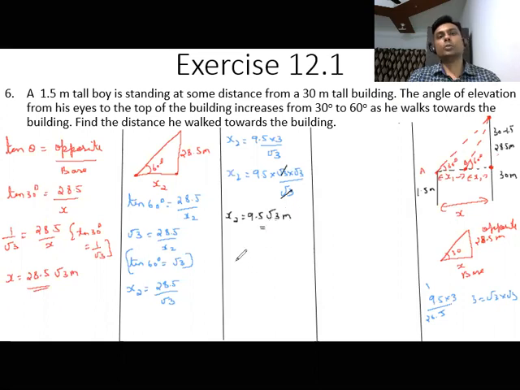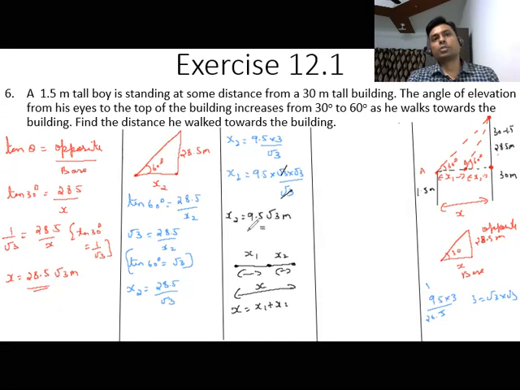This is my x2, which means initial distance x I have, final distance x2 I have. How much did the boy walk? x1. So from this diagram you understand x is x1 plus x2, correct? This plus this is the total distance x. Now x I have is 28.5 root 3, x2 is 9.5 root 3 meters.